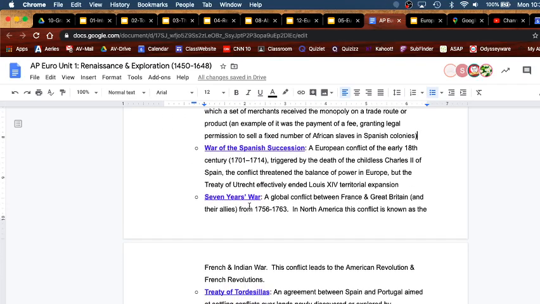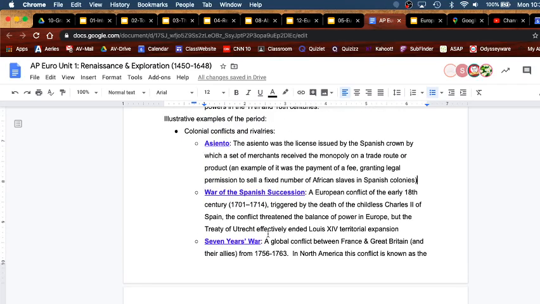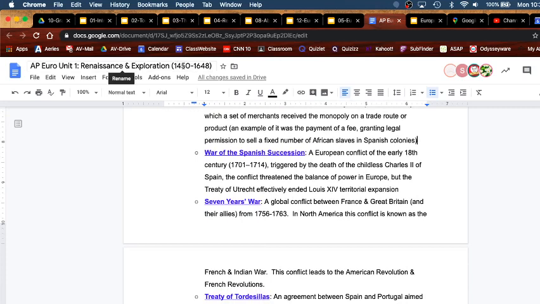So I can see why they're using this as an example, but it doesn't fit within the time frame of this first unit. And just a little side note here: if you are writing on an AP test and you're using examples, make sure that you use examples from the time frame given, or those examples will not work.